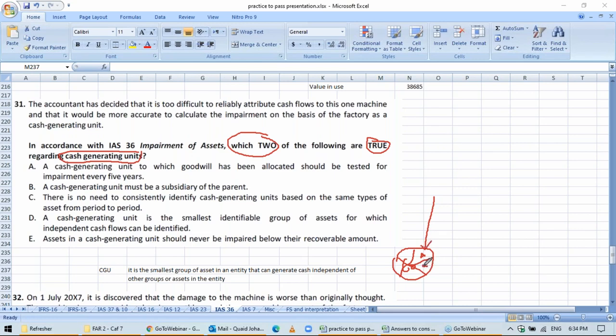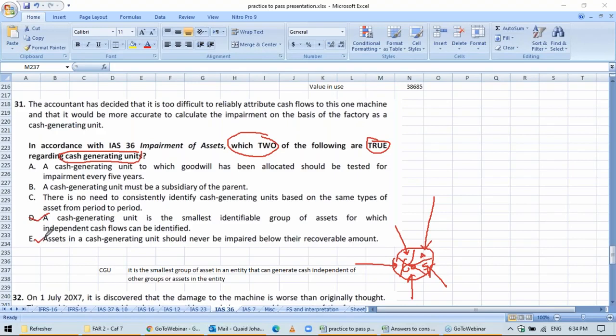Some groups have 5 assets, a machine, a car, likewise, and they generate their own revenues. They don't need the help of the group of 4 assets, the other group. So there are 5 groups in a company, small groups, which can generate cash flows independently, right? So this one is correct: the smallest identifiable group of assets for which independent cash flows can be identified. So D is correct, and E is also correct.